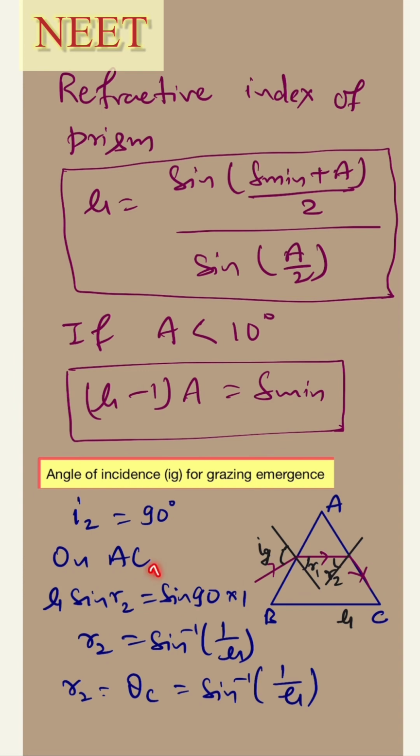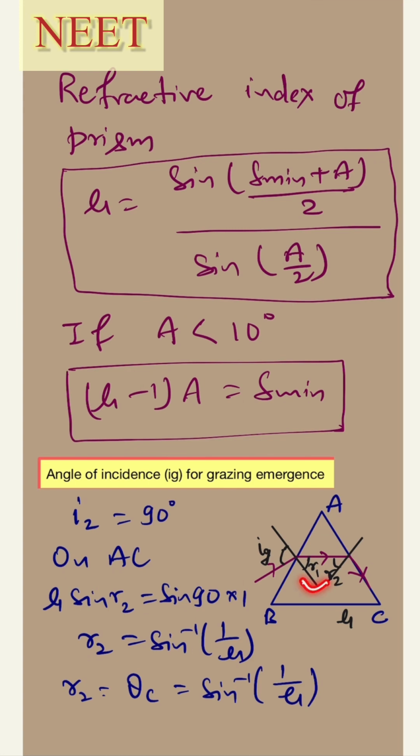Now, on AC, on this surface, we will apply Snell's law. Snell's law: mu1 sine I is equal to mu2 sine R. Here this angle is the incident angle for this surface, and this angle I2 is the refracted angle of the surface.